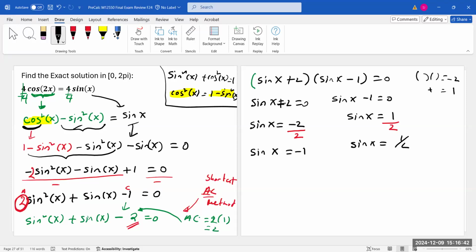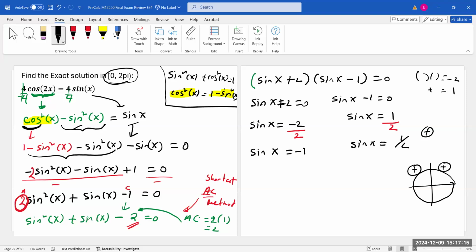Now they're asking to find all the solutions from 0 to 360. So if you look at the unit circle, here we have sine positive. So we have two solutions for positive sine. And here our sine is negative. Sine of -1 is somewhere here.